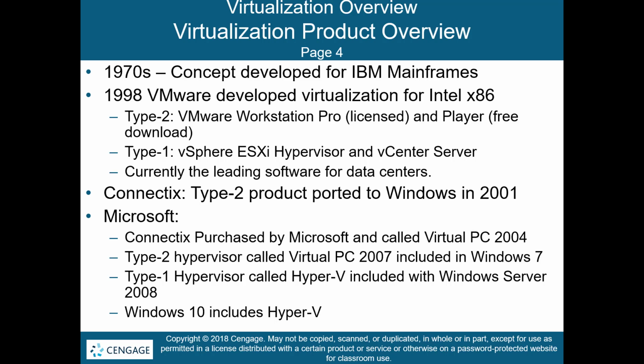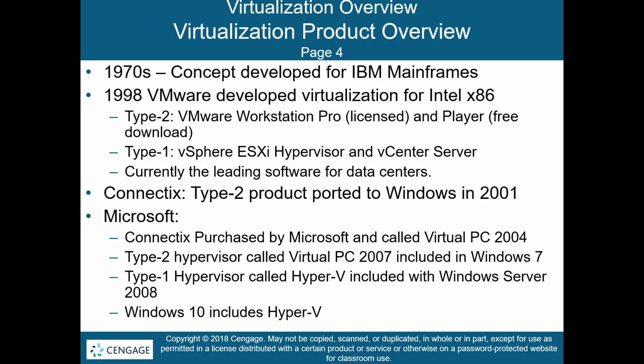It's currently in its 15th version, I believe. It's a licensed product, so you have to pay for a license in order to install it, although you can install a trial version, as we will in Chapter 3. And then they also have VMware Workstation Player, which is a free download, and of course it has less features, but is designed for the home market.